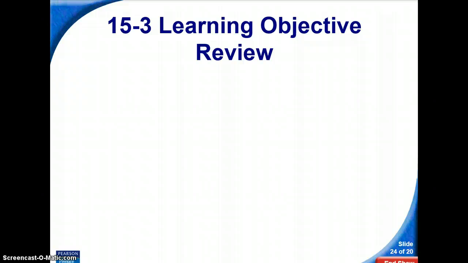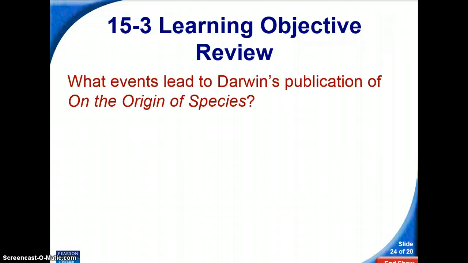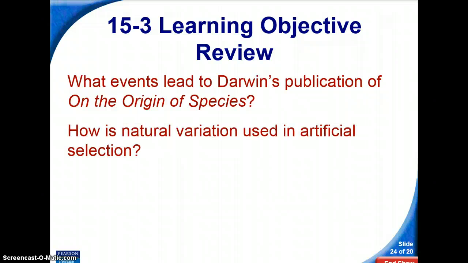Remember, you need to listen to get the information, and I'm going to tell you where to find it. The first question asks, what events lead to Darwin's publication of On the Origin of Species? I want you to cross this one out. We do not need to answer this question. The second one, how is natural variation used in artificial selection?